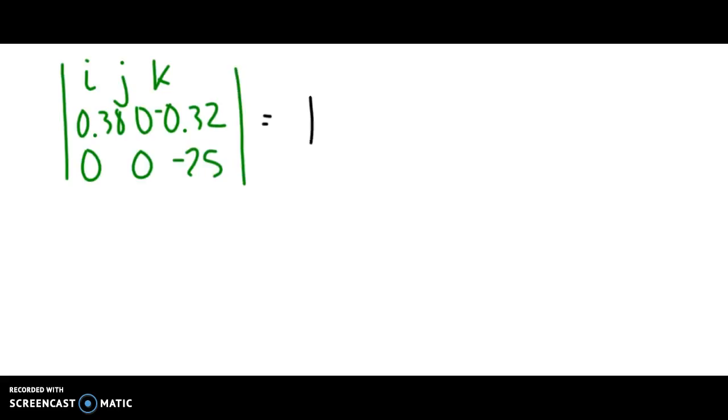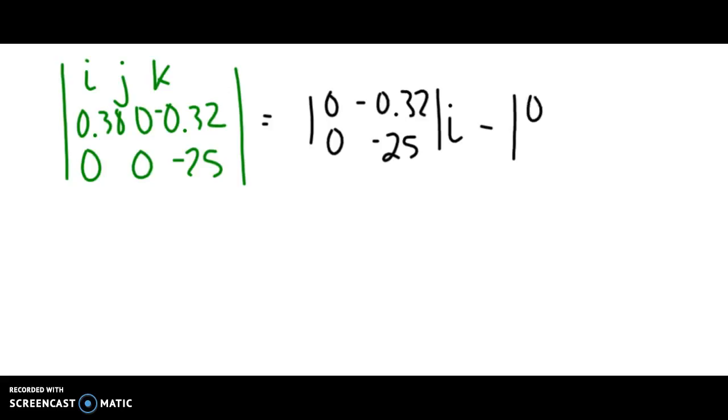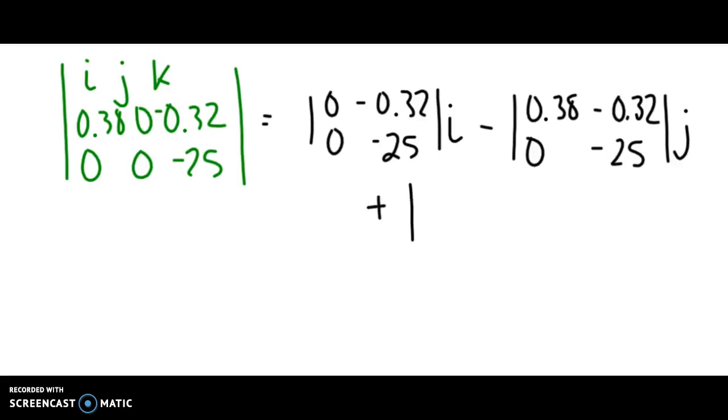So we had 0, negative 0.32, 0, negative 25, and that's the i, minus 0.38, negative 0.32, 0, negative 25, that's my j, and then I had to add k, which was 0.38, 0, and then 0, 0, that's my k.